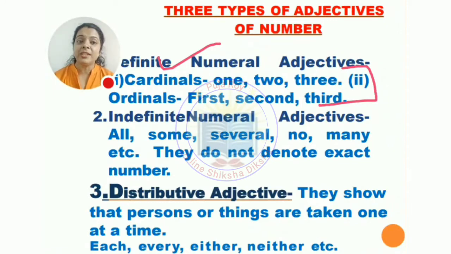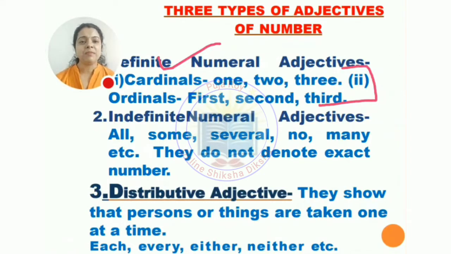When you go for the indefinite numeral adjective, you find it is completely different. How come? Because it is indefinite, not sure. I have some pencils. How many pencils I have, no idea. It may be 1 pencil, it may be 2 pencils, it may be 3 pencils, but I have some. I have taken all the pens.